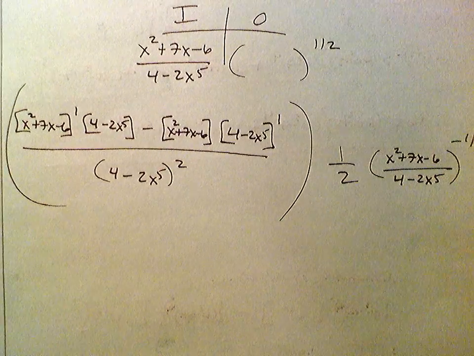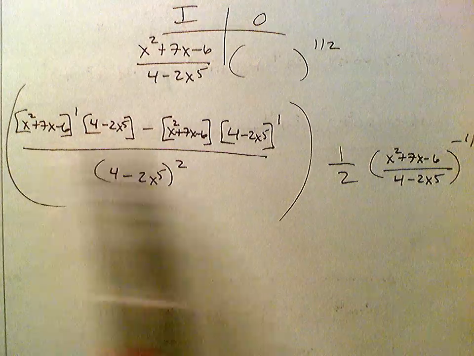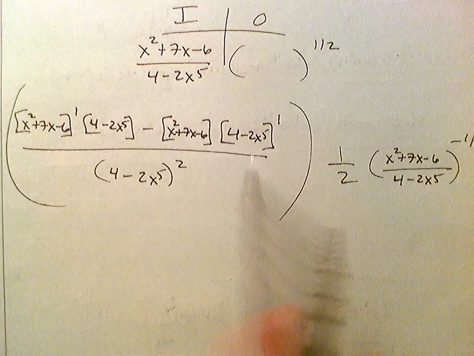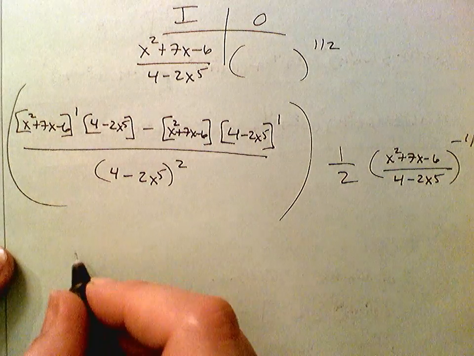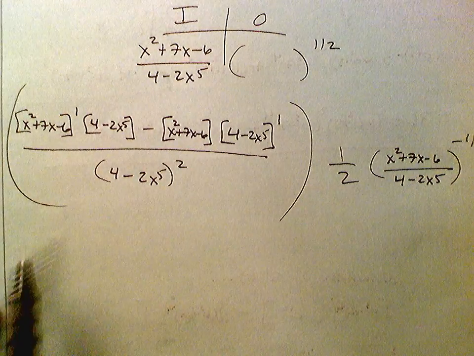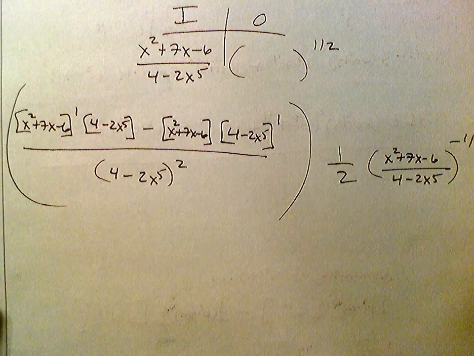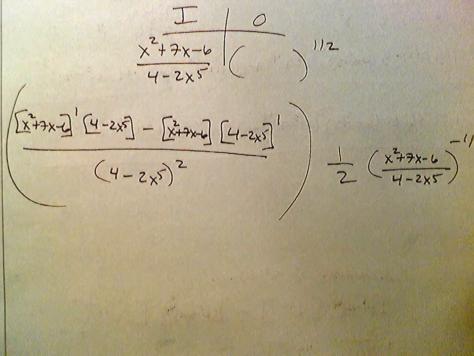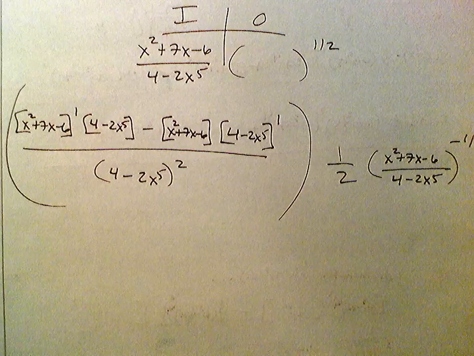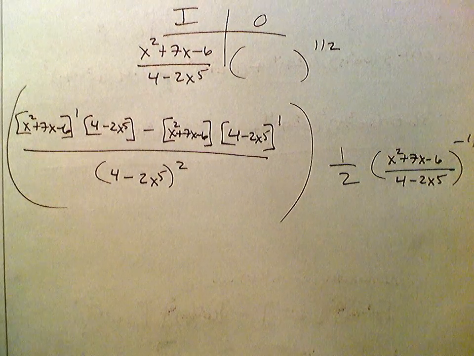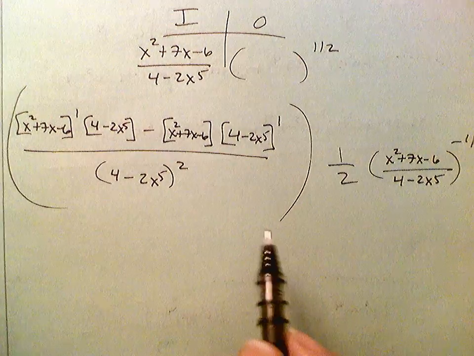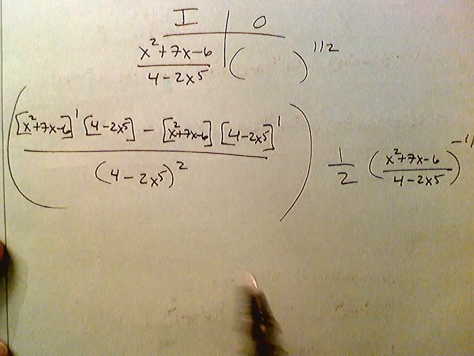Then I'm going to take the derivatives of the stuff inside the brackets with the primes. So I'm going to have two more lines: another line where I take the derivatives of what's inside the brackets, and then a third line, which is my final answer. And I won't simplify a whole lot, but I'll make it look aesthetically pleasing.